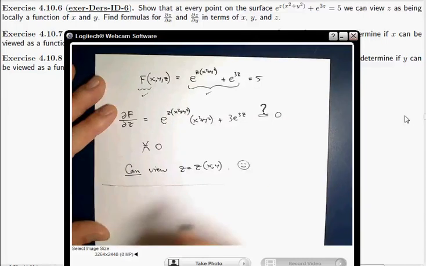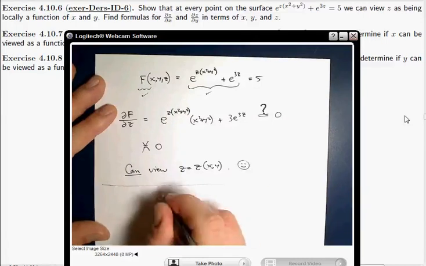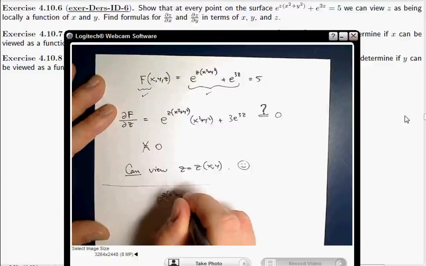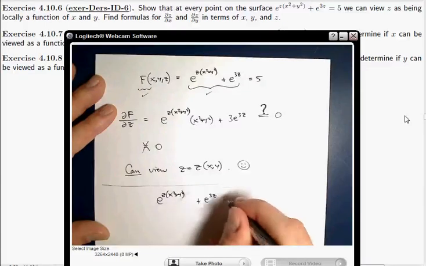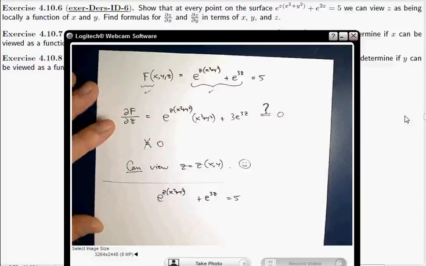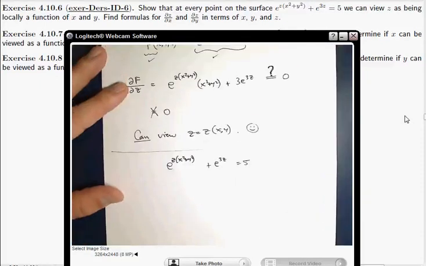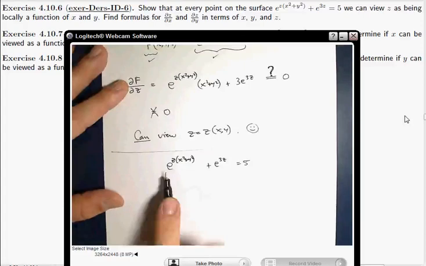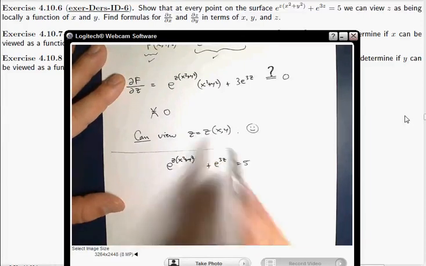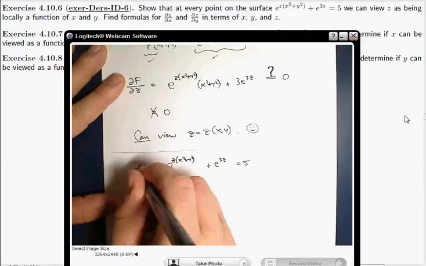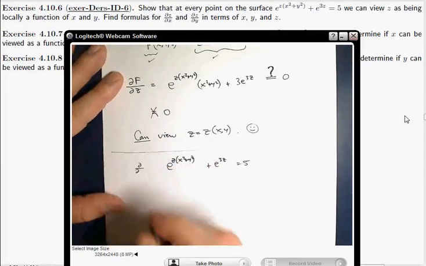I'm going to start with my original equation. That's my original equation, and I know that I can view z as a function of x and y. With this point of view, I'm now going to take the partial of that whole thing with respect to x.